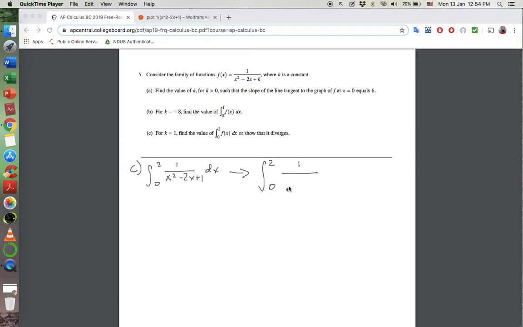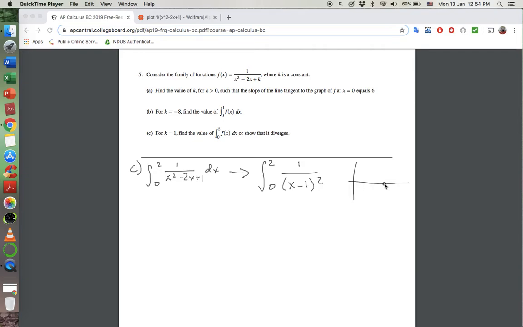It is x minus 1 squared. And so here's our problem. The denominator is equal to 0 when x equals 1. X equals 1 lies between these two numbers here, so this is kind of a trick question. If we don't notice that part, then we can't figure out if it diverges.